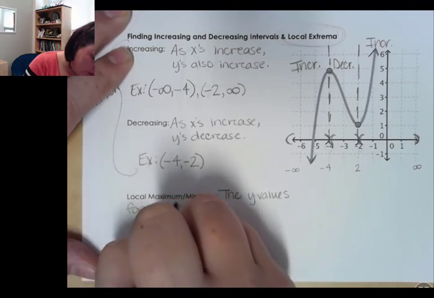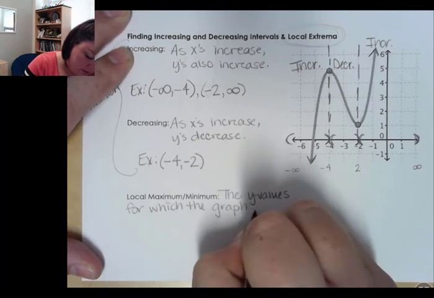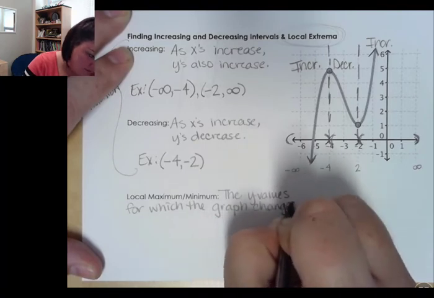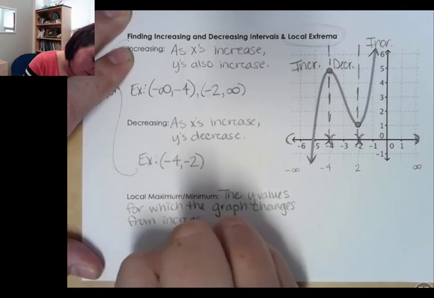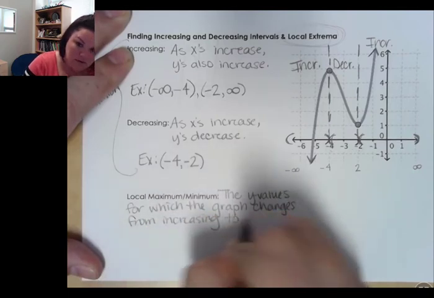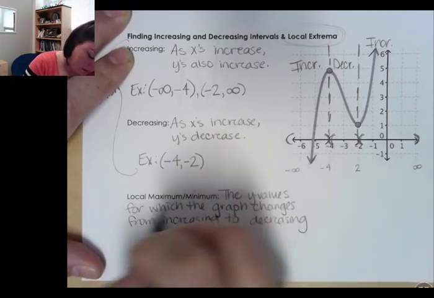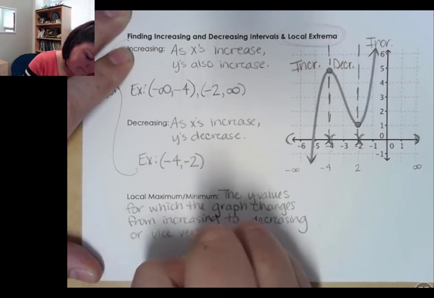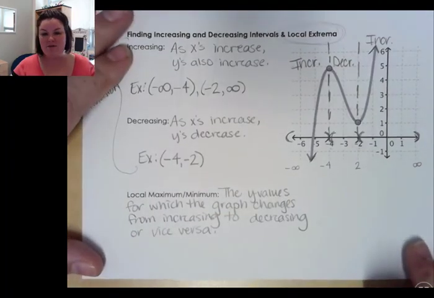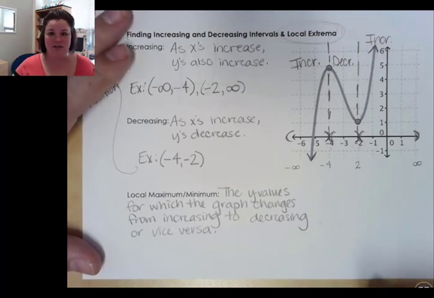for which the graph changes from increasing to decreasing, or vice versa. Okay, the y values for which the graph is changing from increasing to decreasing, right?